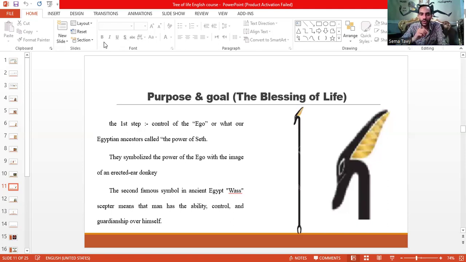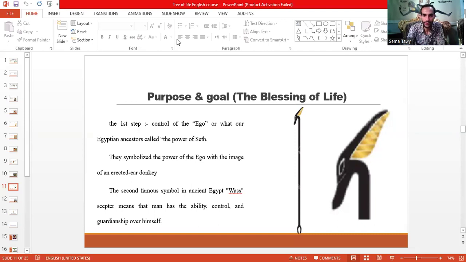But how can you benefit from the useful face of your ego? They made another symbol, a beautiful and powerful symbol from the Egyptian symbols, this scepter.